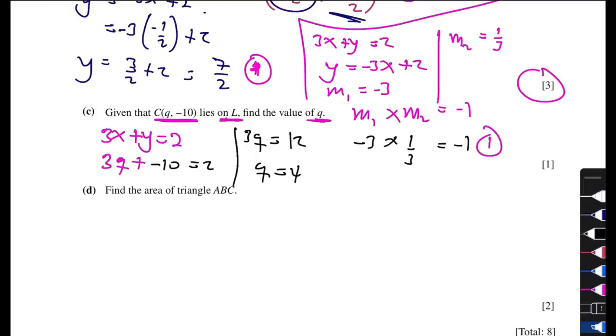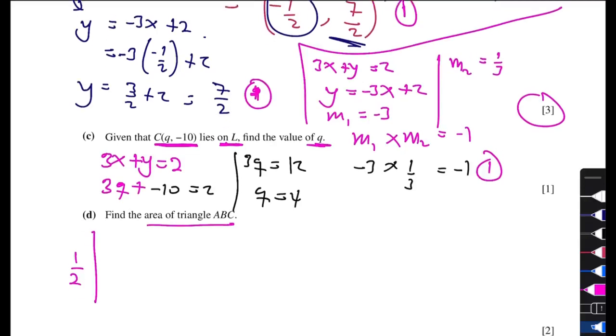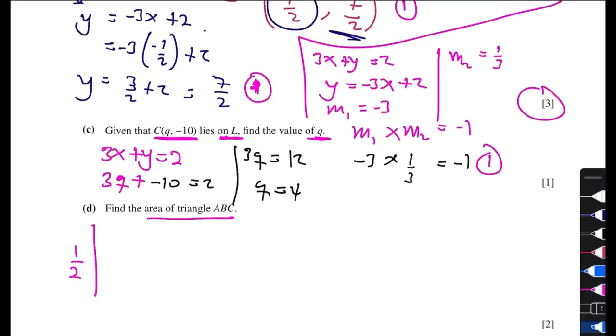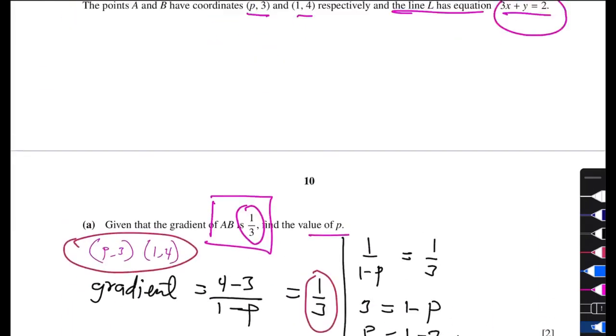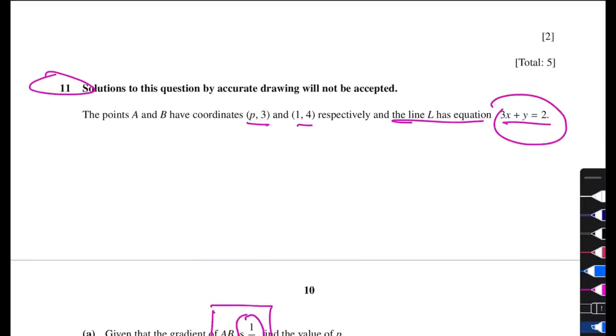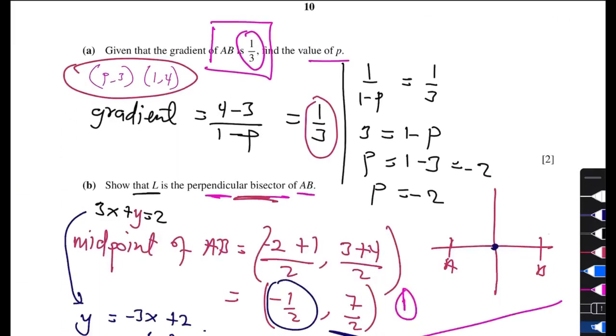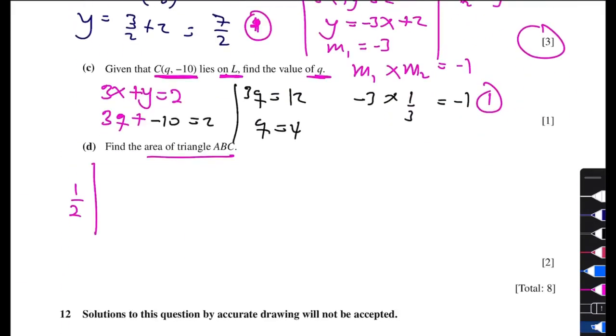All right, the next thing we need to do is to find the area of the triangle. This is what you do. Area is half the absolute of, well, you need some points. The first point is point A, which is (P, 3), but we already found P to be -2, so point A is (-2, 3).